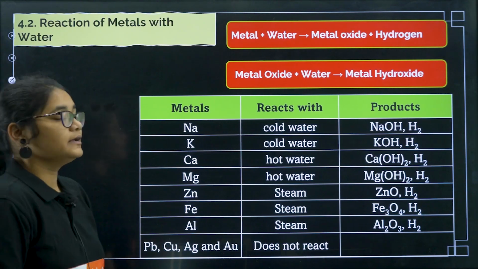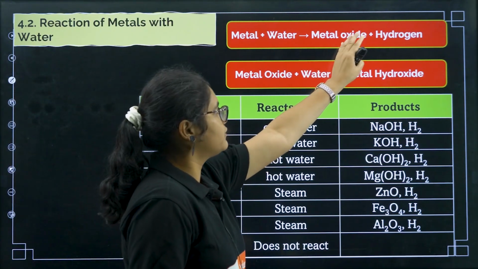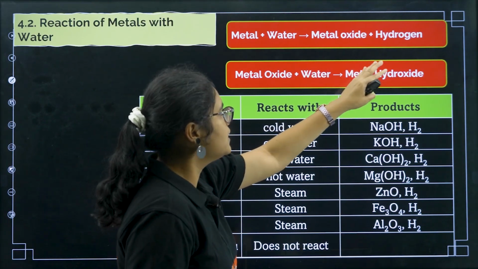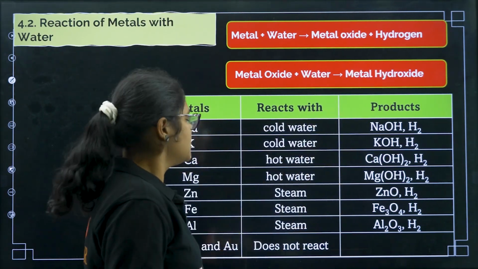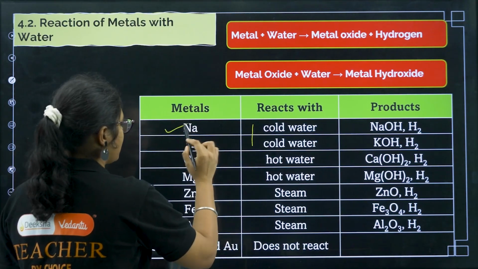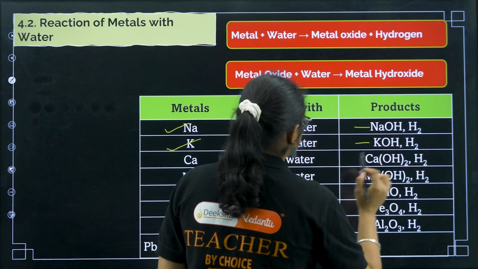Next, coming to reactions of metals with water. Metals react with water to give metal oxide, and these metal oxides react with water to give metal hydroxide. The elements which react with cold water are sodium and potassium, giving NaOH and KOH plus H2.